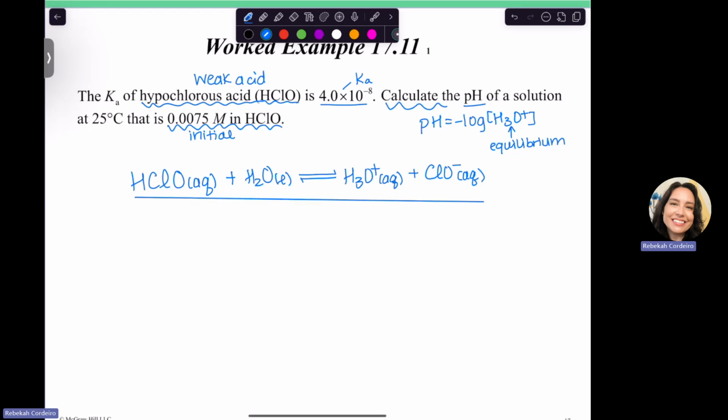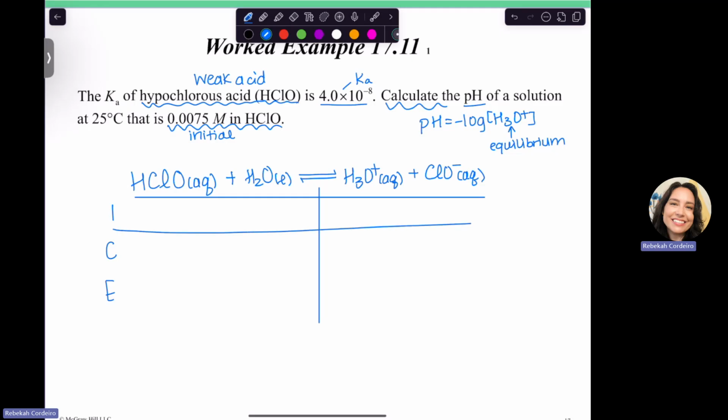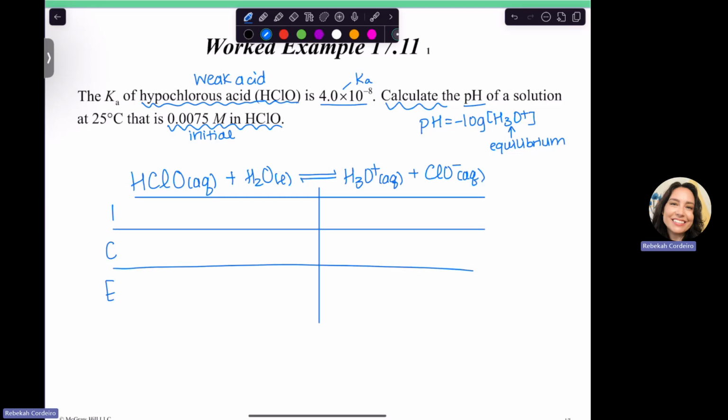We need to make an ice table because I want to know what my H3O plus is at equilibrium. Right now I only have initial amounts of the acid. I don't even have initial amounts of the products. I like to make sure that my lines for my ice table are directly under the plus signs and the arrows.